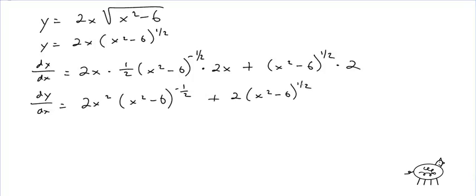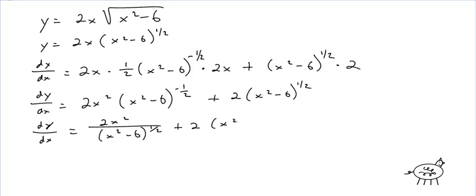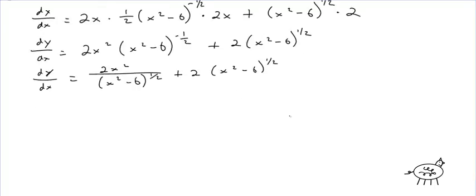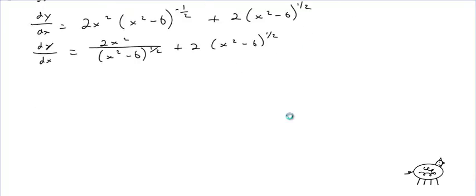I want to write it with a positive exponent here. dy/dx equals 2x squared over (x squared minus 6) to the 1/2, plus 2 times (x squared minus 6) to the 1/2. Let's move this down a little bit. What I want here, math fans, is one fraction. It doesn't always happen that way, but this one's pretty easy.